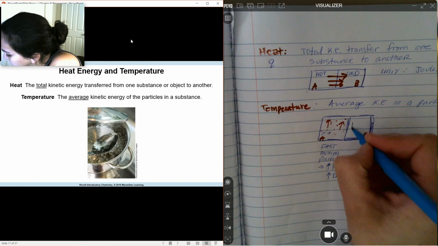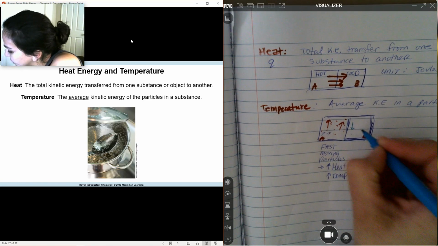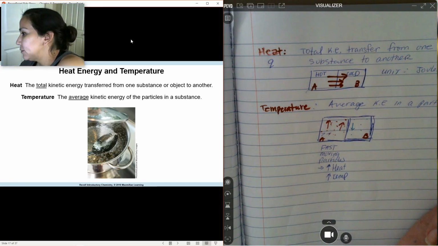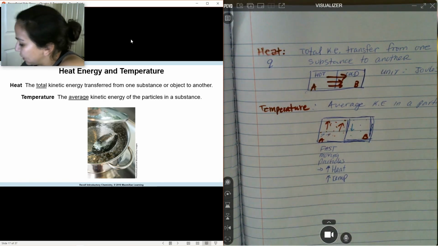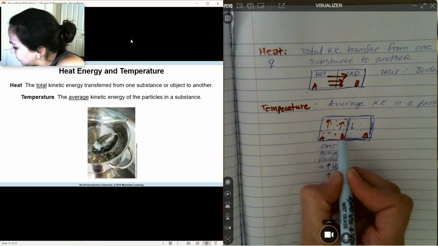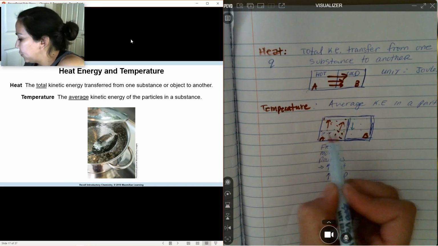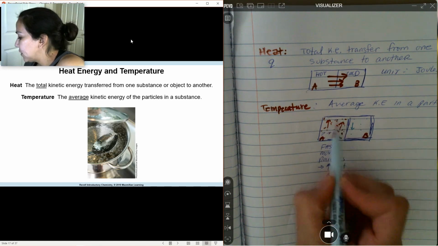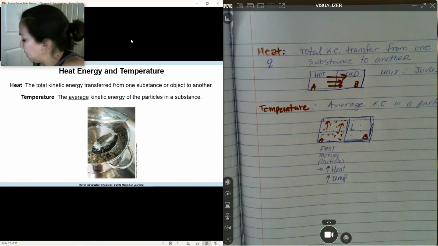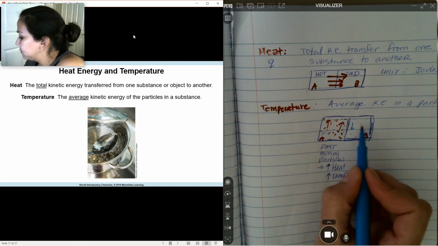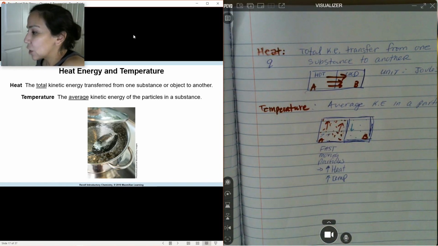So in B, you're going to have some very, very slow moving particles, compared to A, where everything is moving everywhere wherever they want to go. And they're moving fast. B is a lot slower, and that's because it's colder.